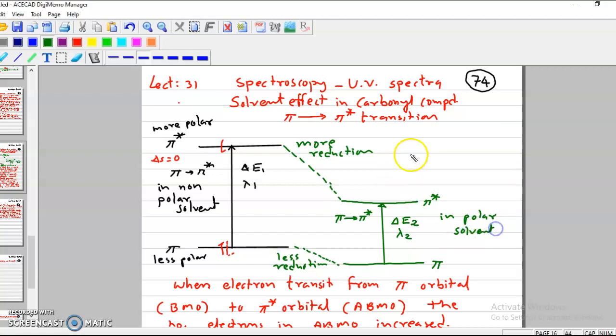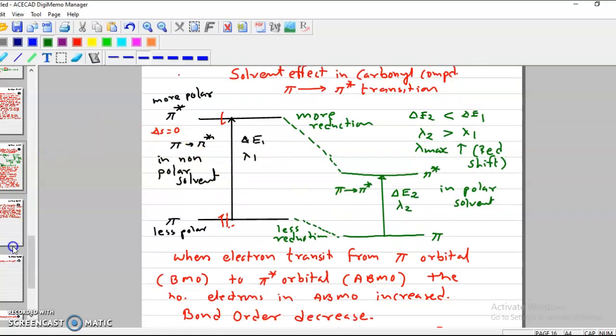Here we can see that delta E2 is less than delta E1, and therefore lambda 2 will be greater than lambda 1, and this makes the lambda maxima shift towards higher wavelength. This is called red shift. So when we observe the effect of a polar solvent on a carbonyl compound, the pi to pi star transition will shift towards higher wavelength.